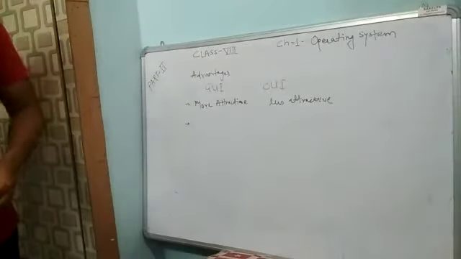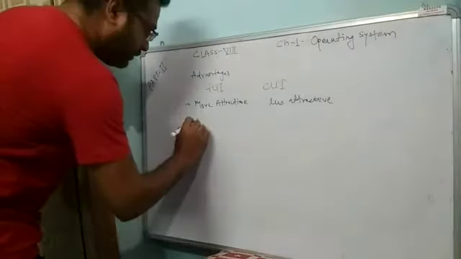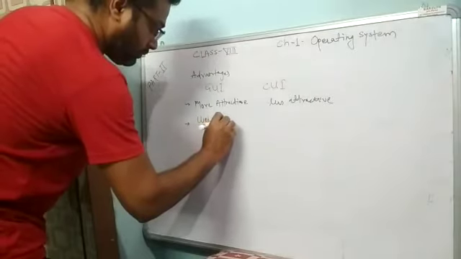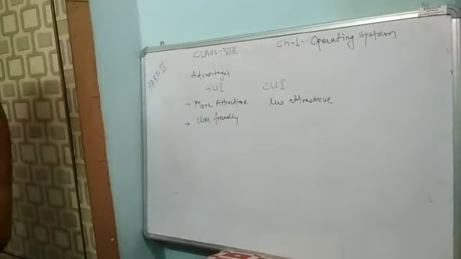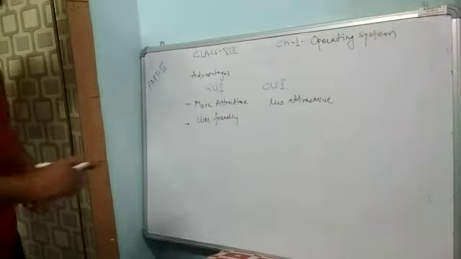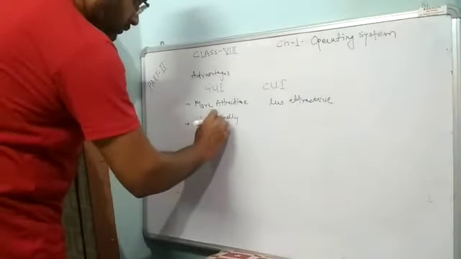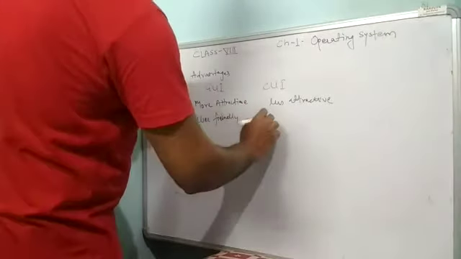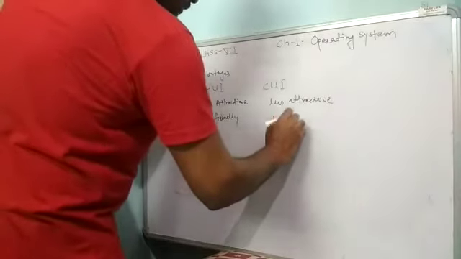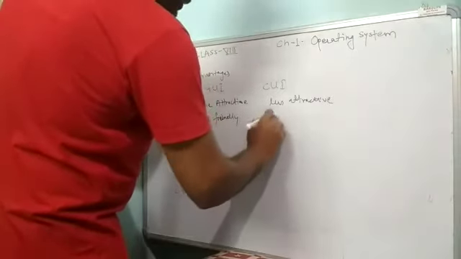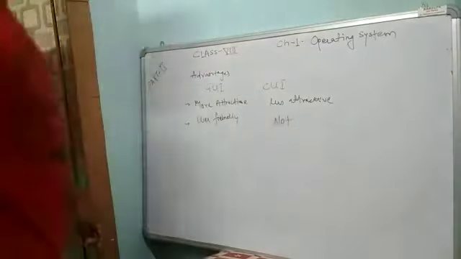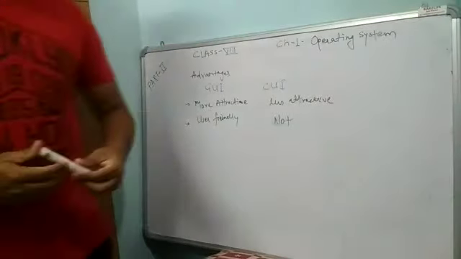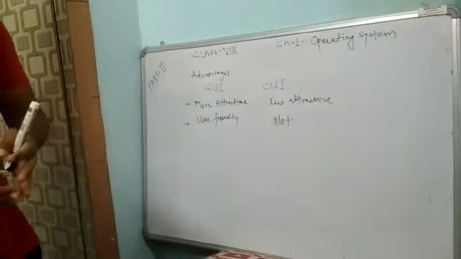Now next is user friendly. CUI is not user friendly. GUI is always user friendly, just because there are so many graphical operations that you can perform.